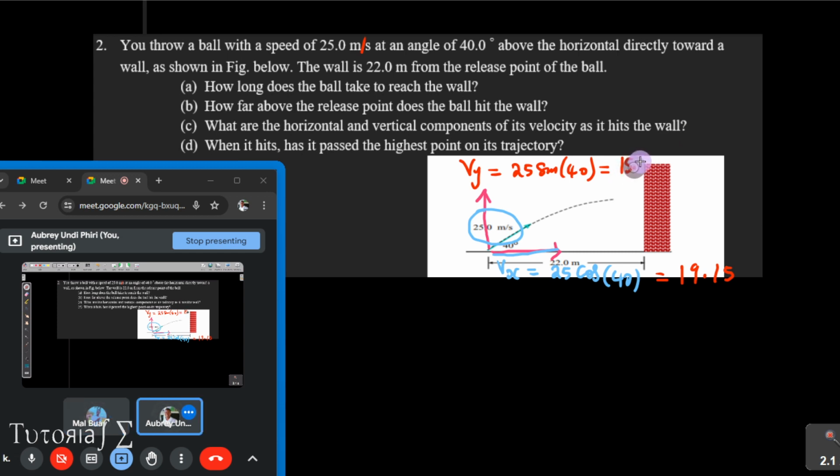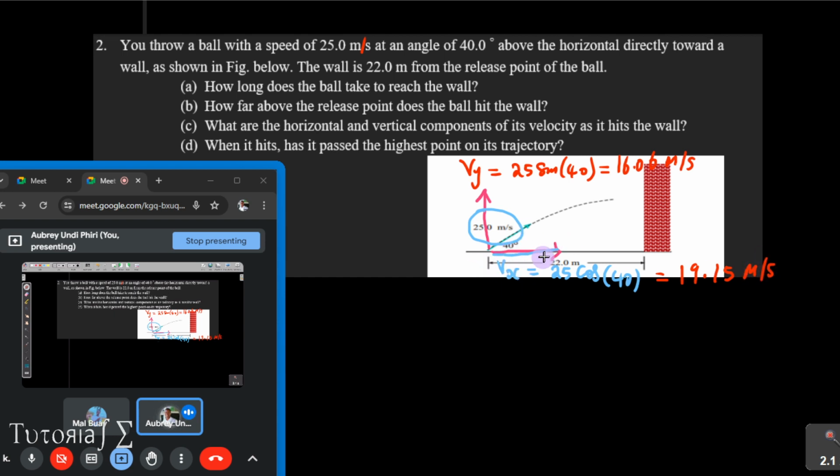Okay, this is meters per second. This is also meters per second.